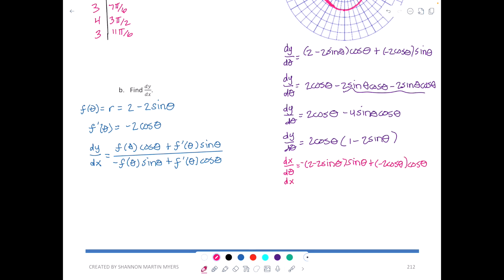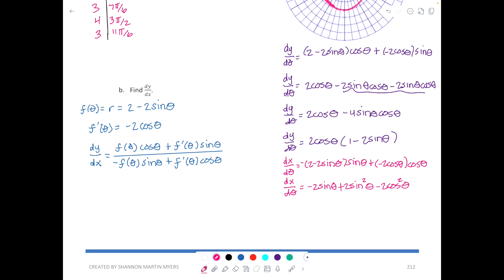So dx d theta, when I simplify, will be negative 2 sine theta, very sloppy theta, my bad. And then we would have plus 2 sine squared theta minus 2 cosine squared theta.